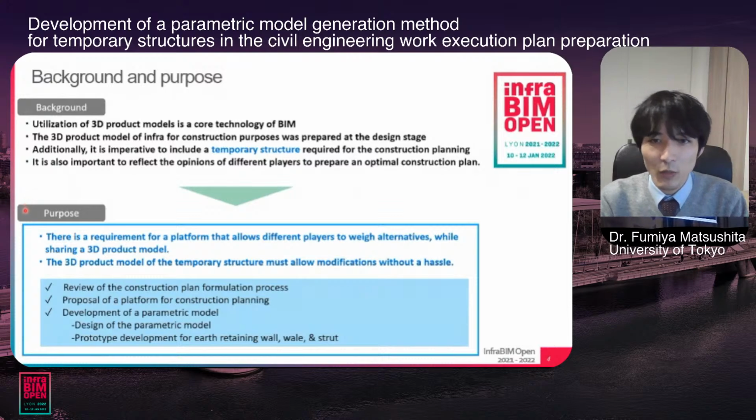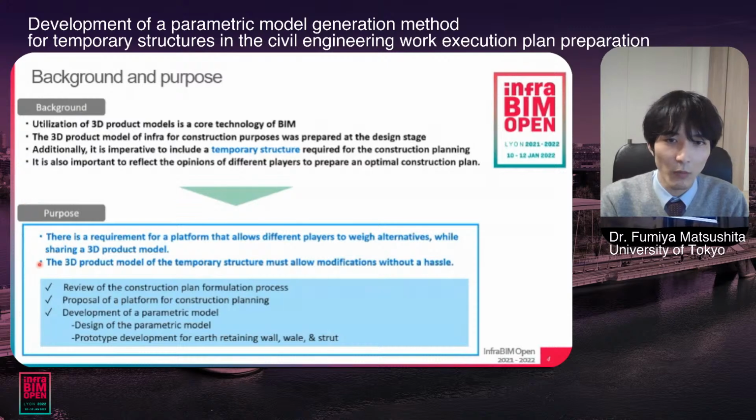Especially for the temporary structure, we often consider revision based on the opinion of various players. Here are the aims according to purpose. First, clarify requirements for a construction plan that allows different players to weigh the risk of the plan.